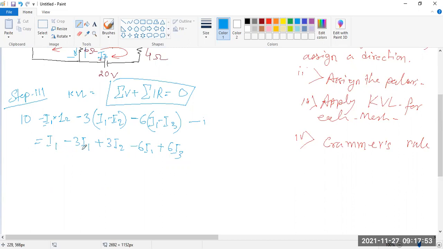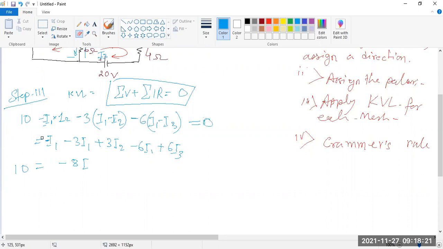So this is 1, this is minus 3, this is minus 6. So it is coming minus 8 I1. Sorry, here the minus is there, so not 8, because the first time we are giving this minus over here. This is equal to 0, as per the law.